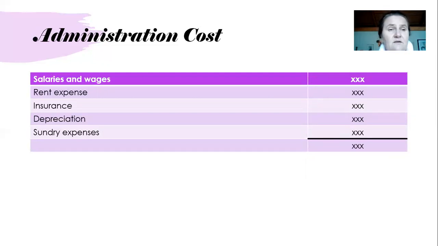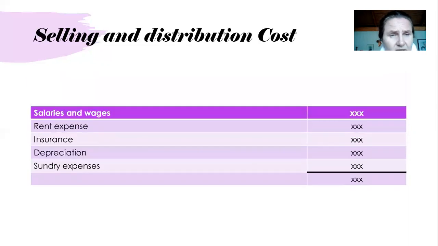So salaries and wages, rent expense, depreciation, sundry accounts, etc., all add together. Selling and distribution costs are the same thing. These are often ratios, square footage, so 2 to 5 or 5 to 2, something like that in the ratio application. Once again, the more you do of these examples, the better you'll be able to understand them.